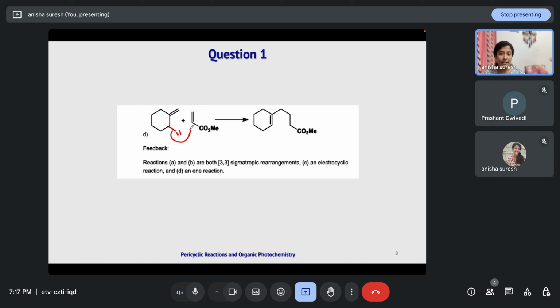This hydrogen is getting shifted here, resulting in the formation of this final product. So reactions A and B are both 3,3 sigmatropic rearrangements, C is an electrocyclic reaction, particularly electrocyclic ring opening reaction, and option D is the ene reaction. Clear?